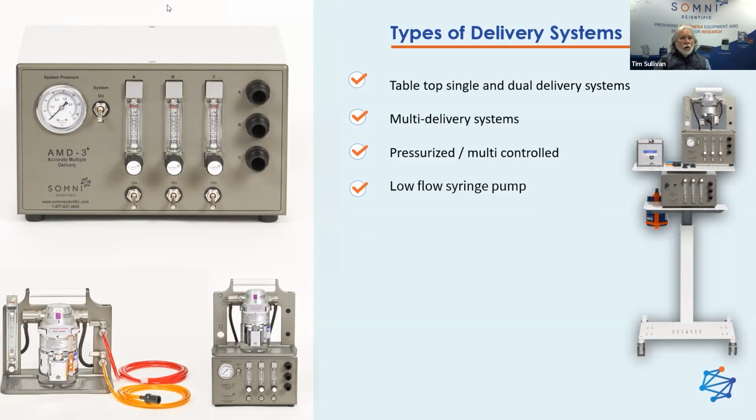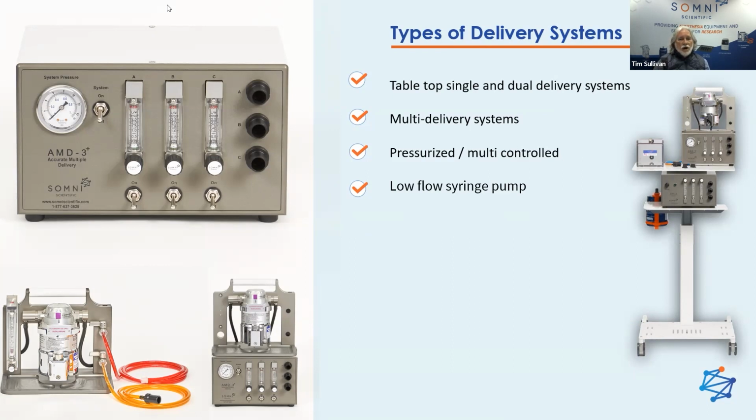One of the most popular ones you'll see in use in the labs is shown on the left-hand corner there. Basically, a vaporizer mounted on some sort of a frame with a single flow meter. They're referred to as tabletop units. They're popular because of their portability and size.